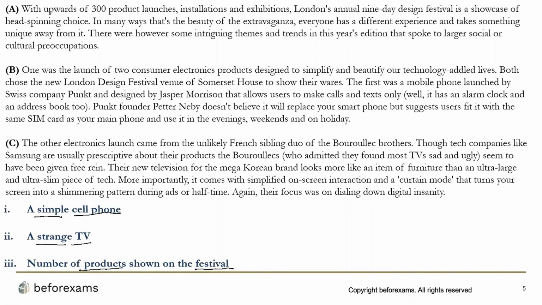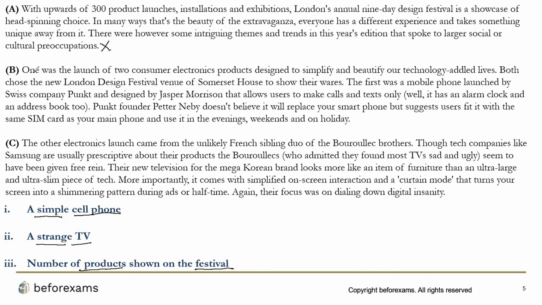Let's skim the passage. While skimming and scanning, you should always have the habit of reading 3 words at a time. You'll see that in the first passage that we just read, there was nothing mentioned about a mobile phone, so this will not be the answer.